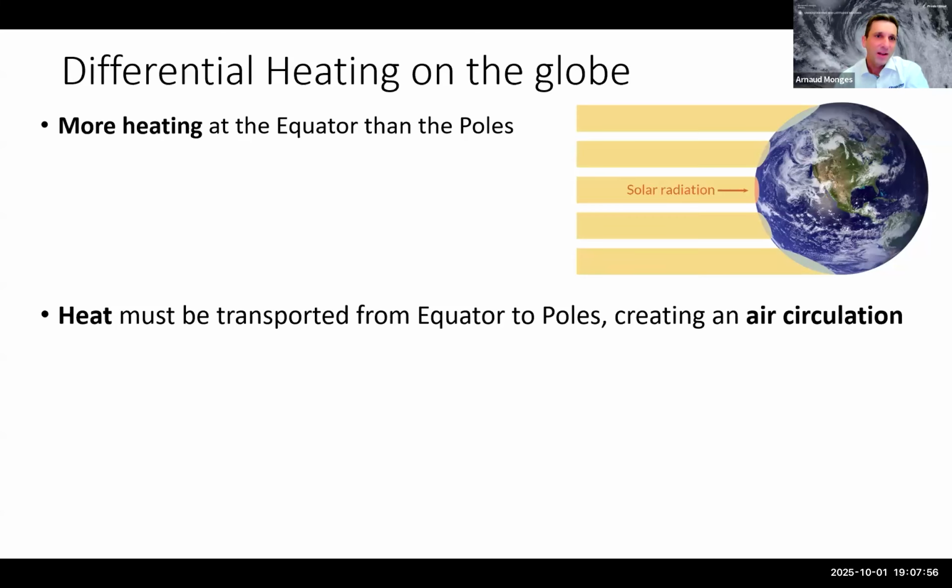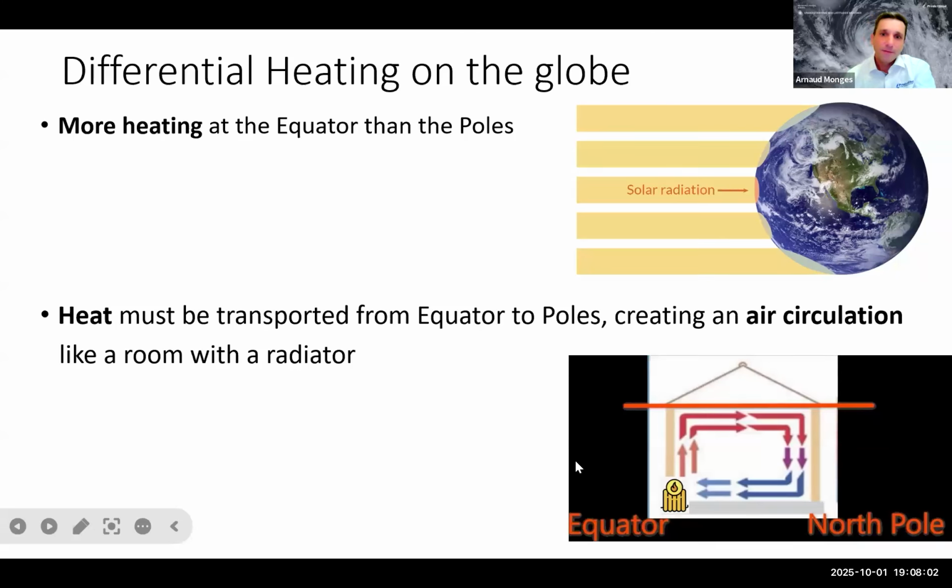A simple analogy is a room with a radiator. If I take a room and I am on one side where I've got the heat, the radiator, it's like being at the equator. This will create this type of air circulation. The warm air will rise.